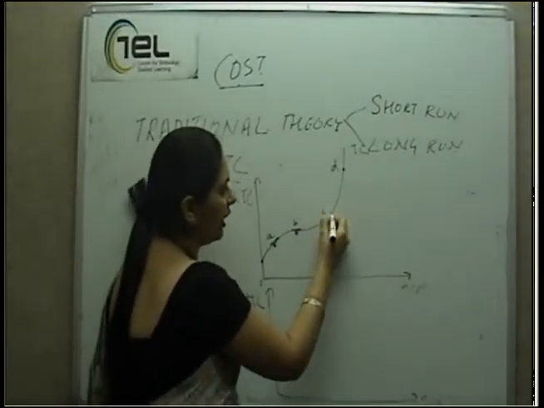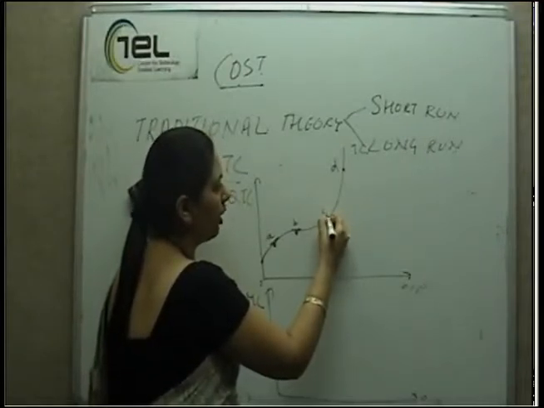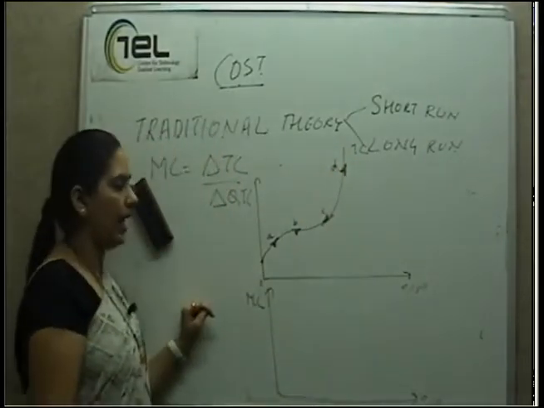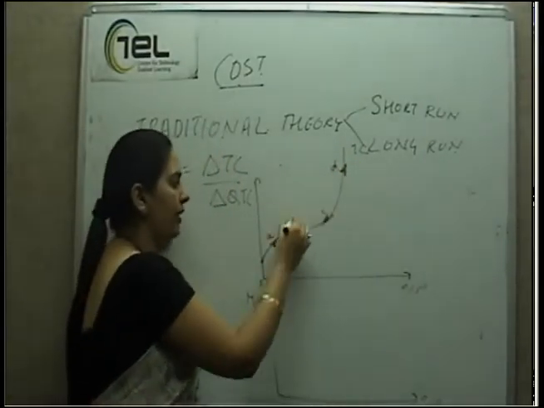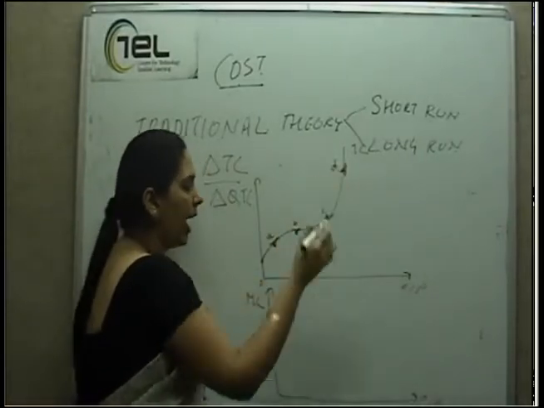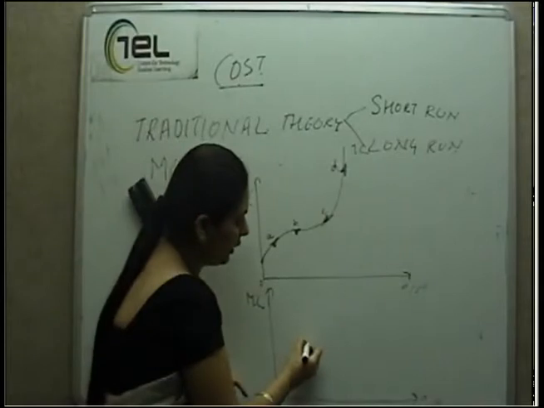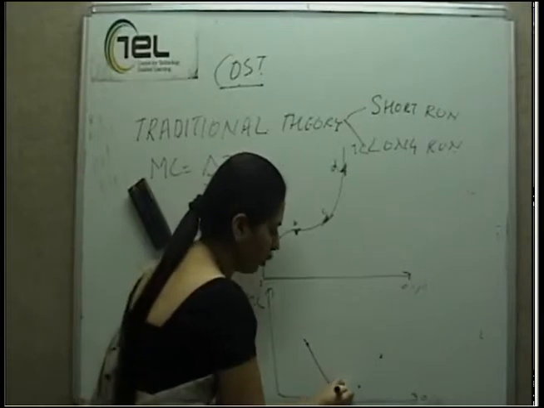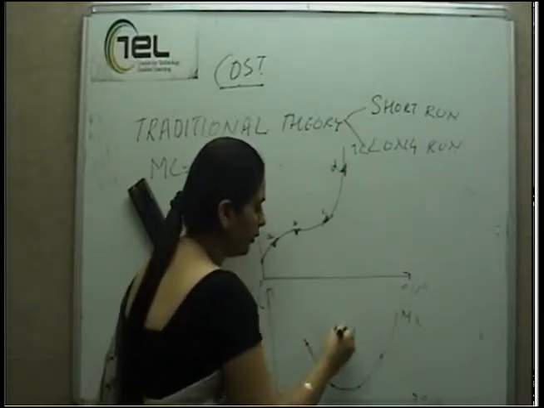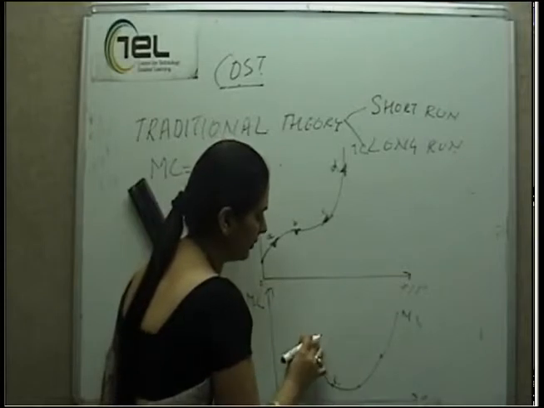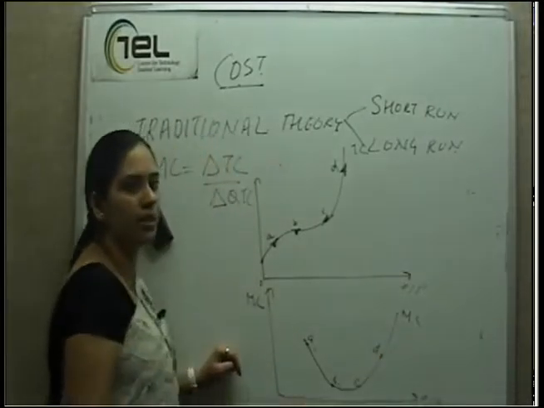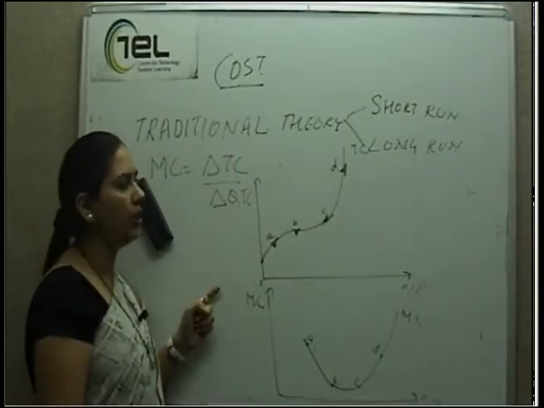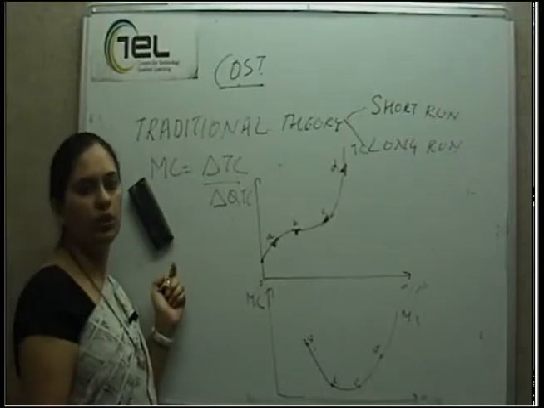So, these small tangent lines drawn with these small triangles will show the delta y by delta x. Once the slopes of these 4 points A, B, C and D are plotted on another graph, we again get 4 points which, once we join, give us a curve which is known as the marginal cost curve. So, the marginal cost curve, again a U-shaped curve, is drawn with the help of the total cost curve.